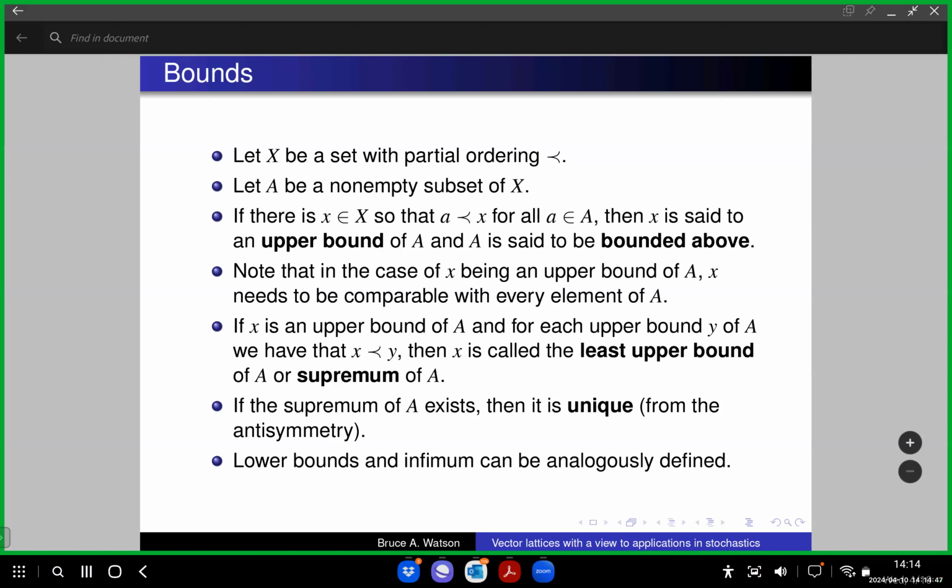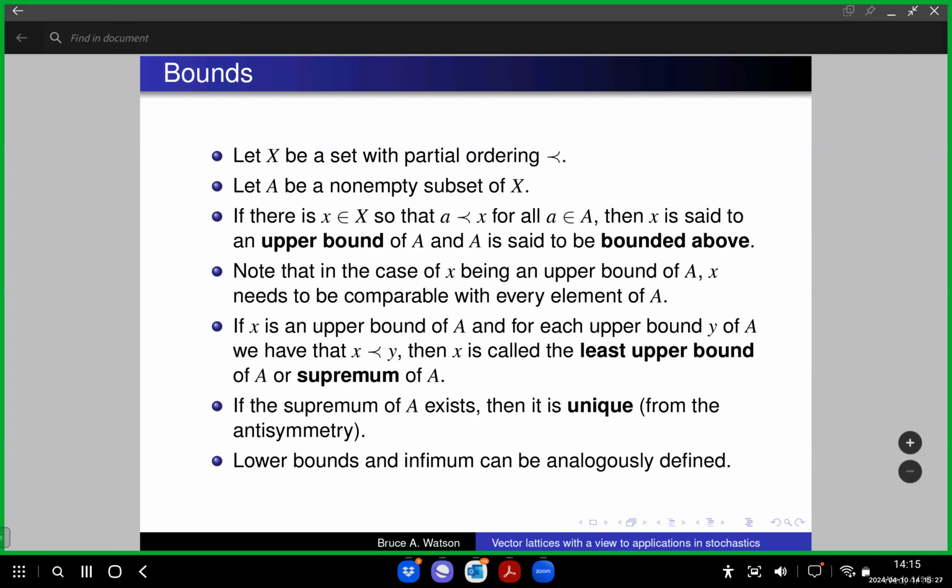One of the things to note here is that for x to be an upper bound of the set A, we require that little x is comparable with every element of A. If x is an upper bound of A, and for each other upper bound y of A, we have that x is a predecessor of y, then x is said to be the least upper bound of A, or the supremum of A. And note the word "the" here, that implies uniqueness.